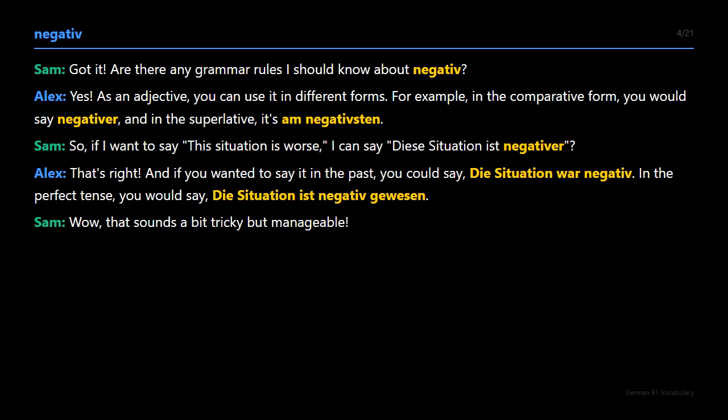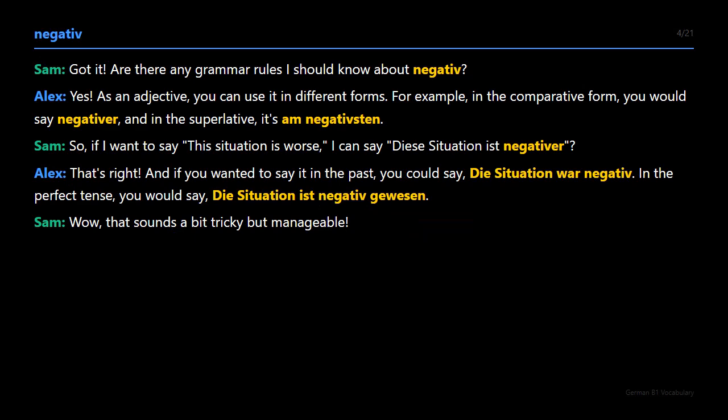That's right. And if you wanted to say it in the past, you could say, Die Situation war negativ. In the perfect tense, you would say, Die Situation ist negativ gewesen.